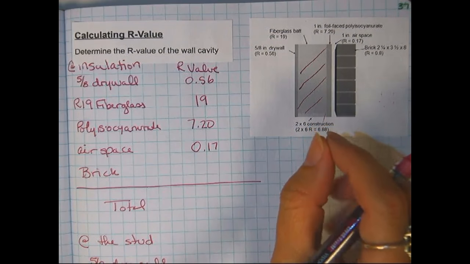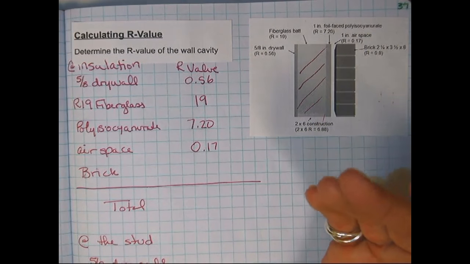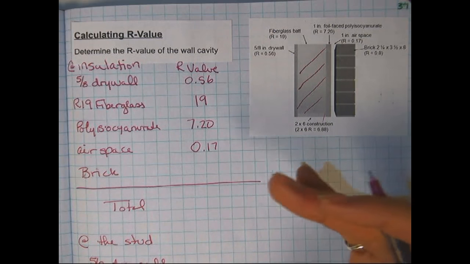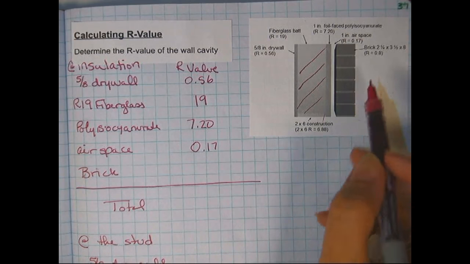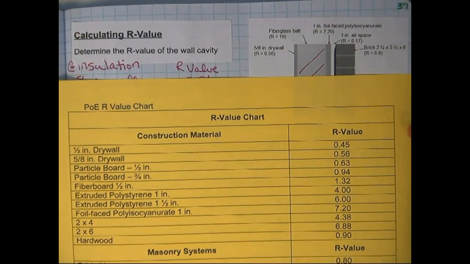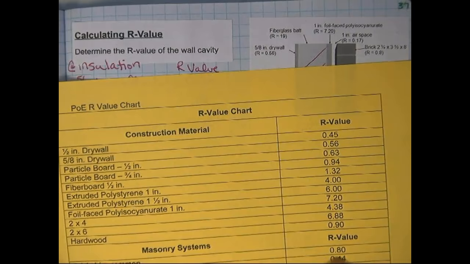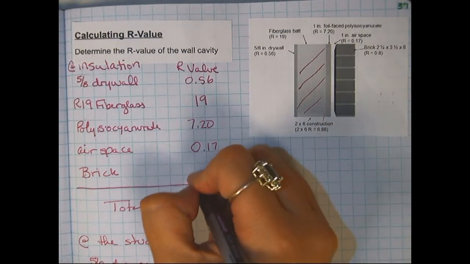That's why you'll see that windows with two panes of glass are better for saving energy and for keeping your heat in or your cold in. So that little air space counts. And then the brick over here, it says that we've got a brick, and it tells us how big it is. Basically, it's a common 4-inch brick, 0.80 right there, and that's what it tells us to use.